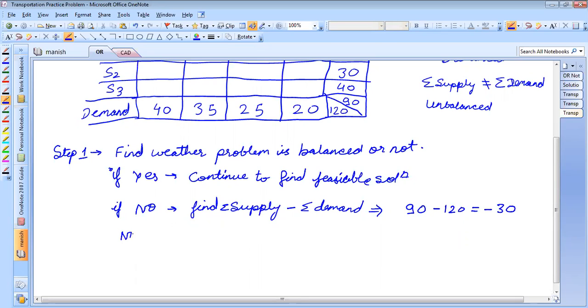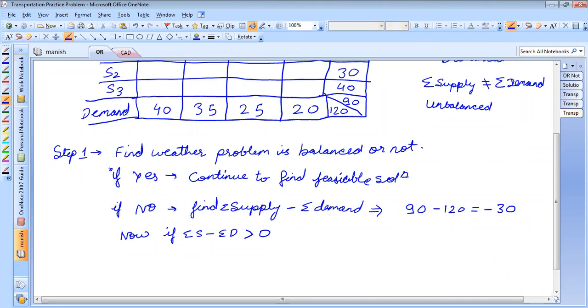Now, if summation of supply minus summation of demand is greater than equal to 0, let me just rub this. So if the summation is greater than 0, what does this mean?